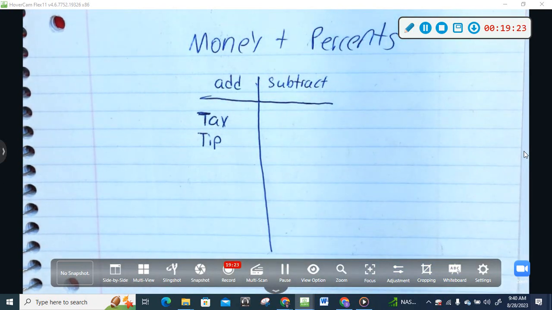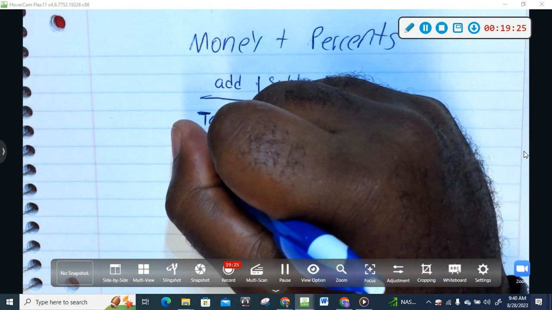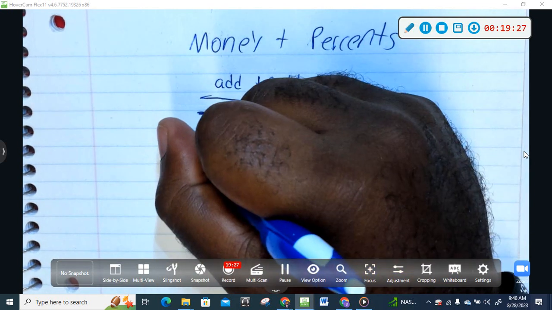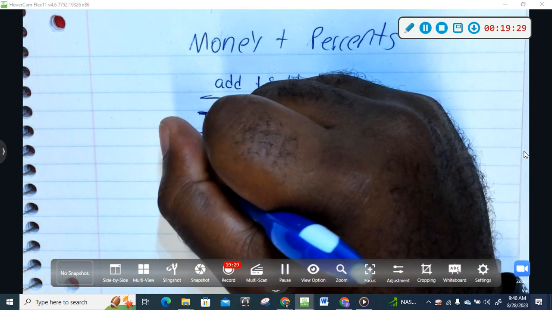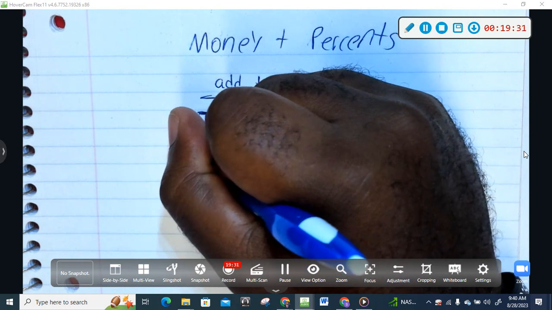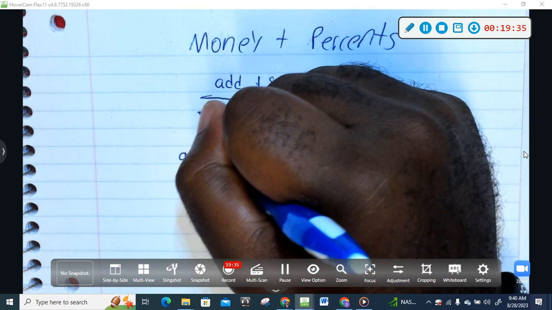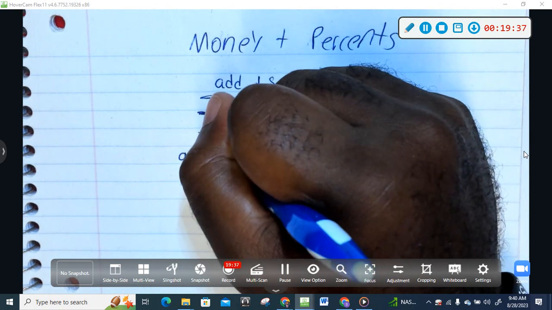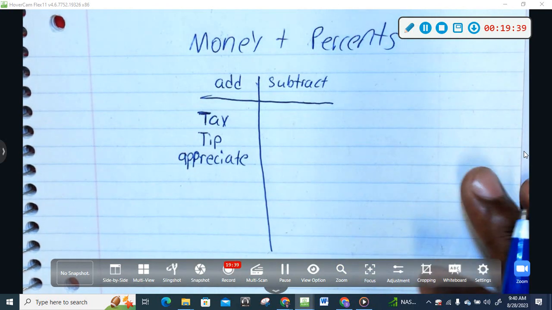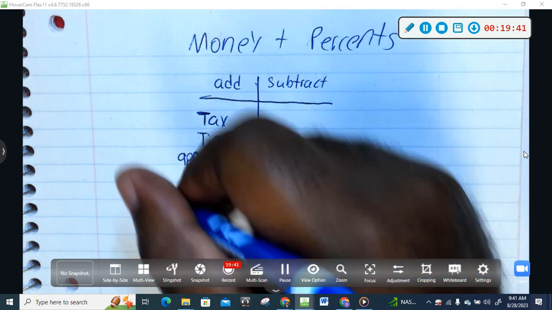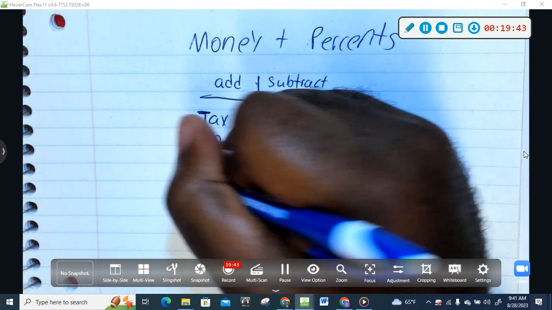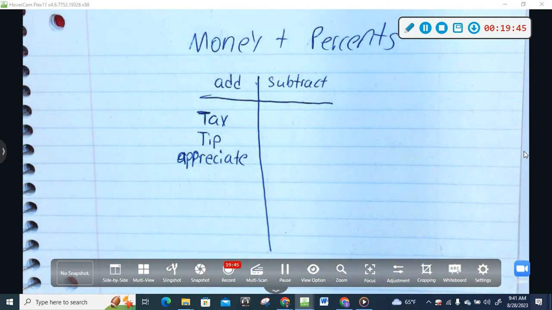And then another word that doesn't pop up as much, but you need to know it if it pops up, is the word appreciate, which means the value of something is increasing. So I got tax, tips, and appreciate.